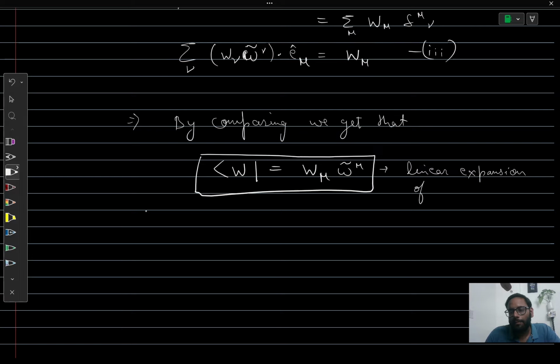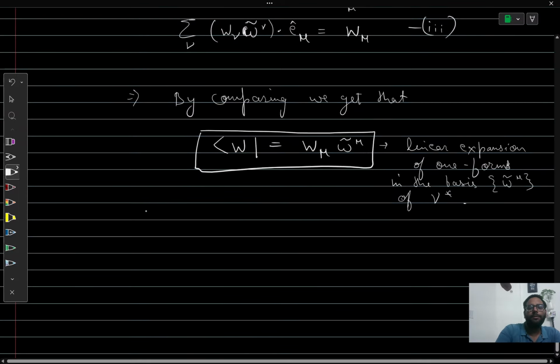It is the linear expansion of one forms on the basis of this dual space.